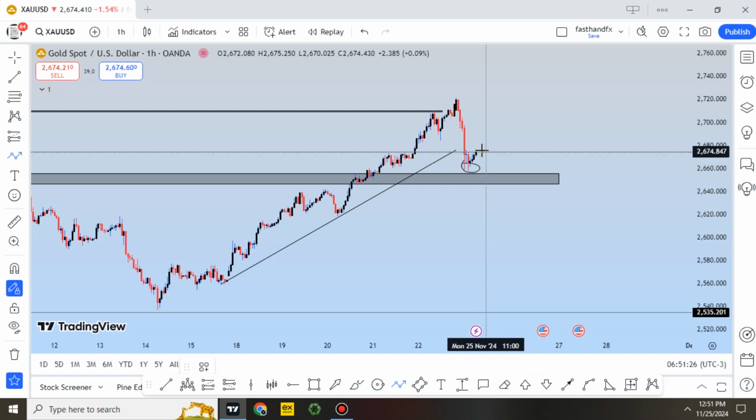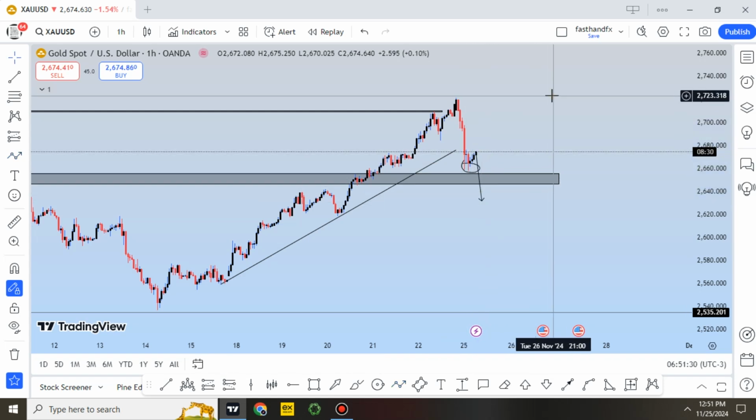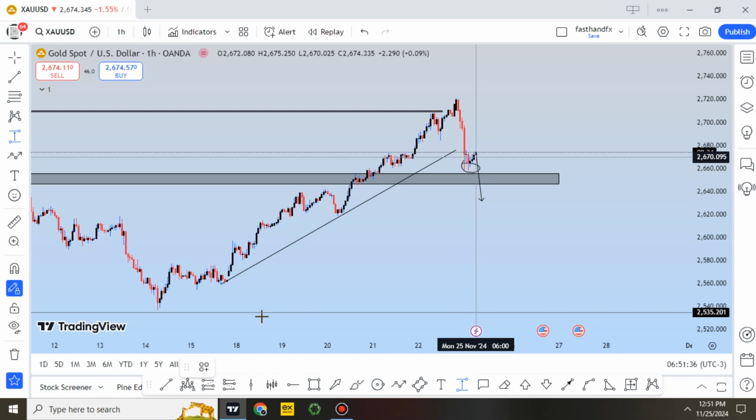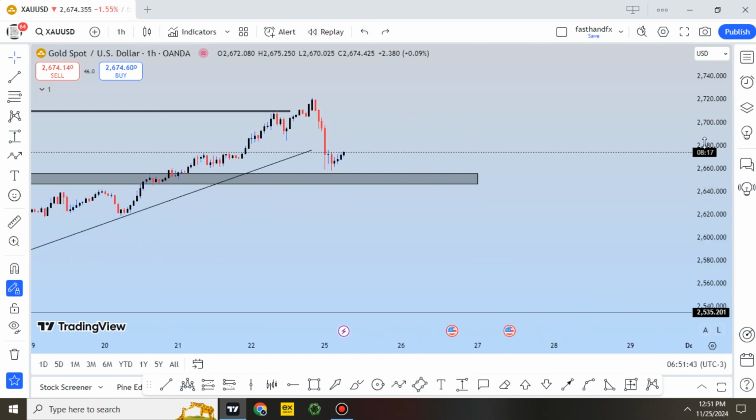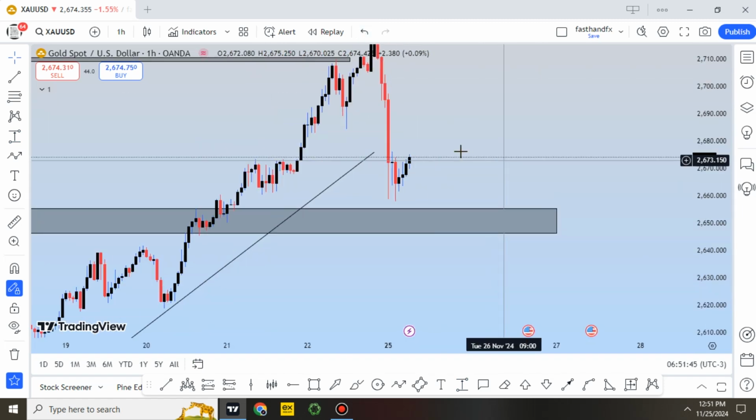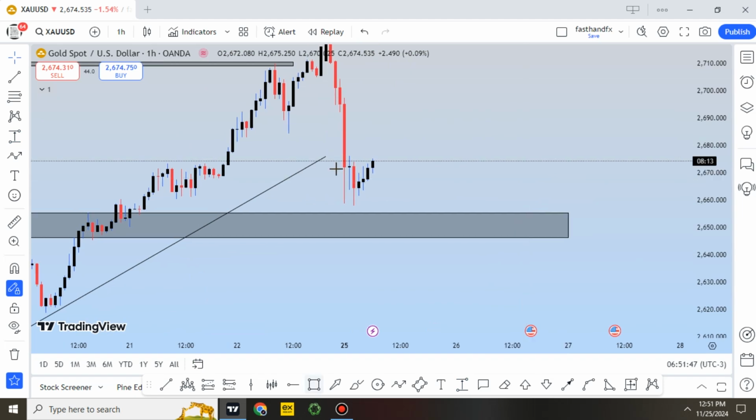If she decides to break out of that new low, something like this, then we should be looking for bearish properties and try to take the market back to this level right here. At the same time, if we want to understand that this is a buying market, gold needs to tell us. What do I mean? This is the last high right here.